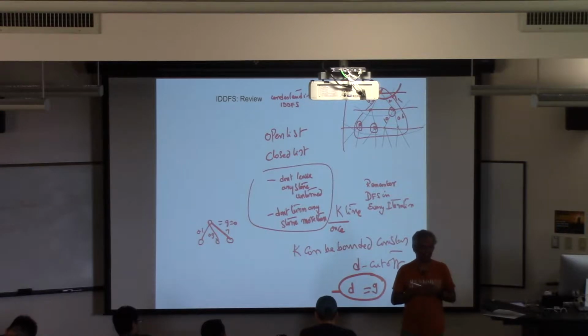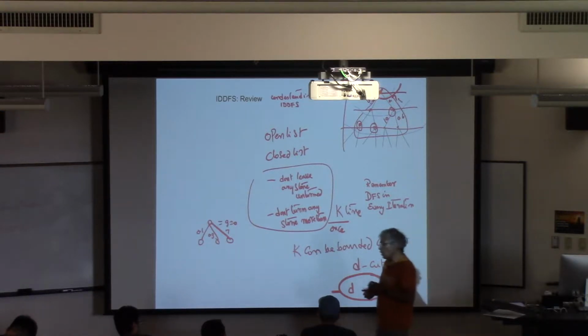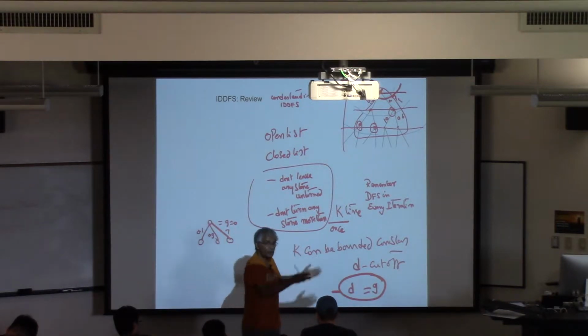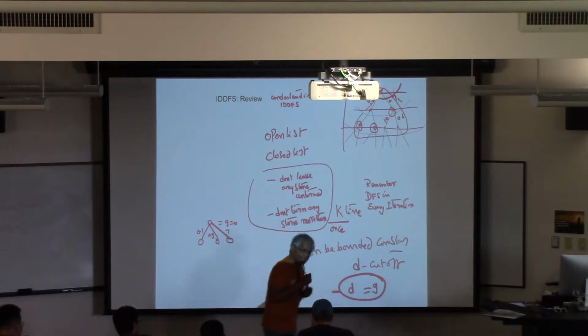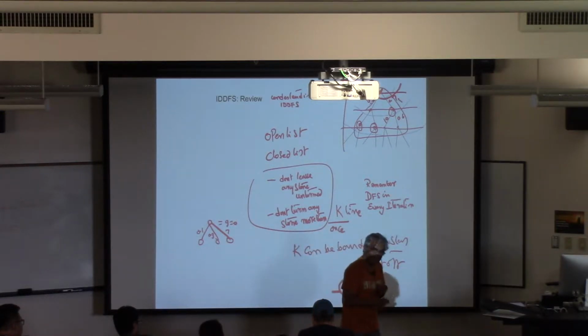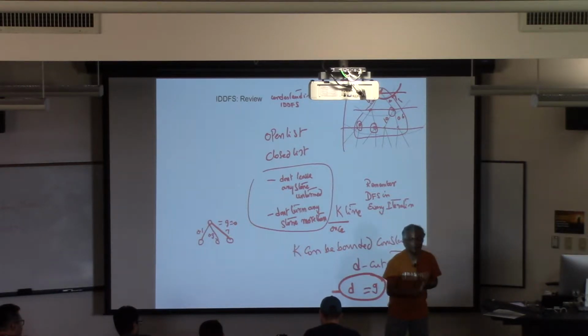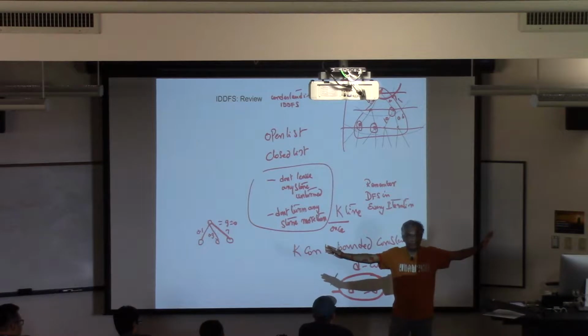D iterations. If the goal node is still at depth D, but the edges have non-uniform costs, in the worst case, how many iterations does iterative deepening uniform cost search have to do? B power D.